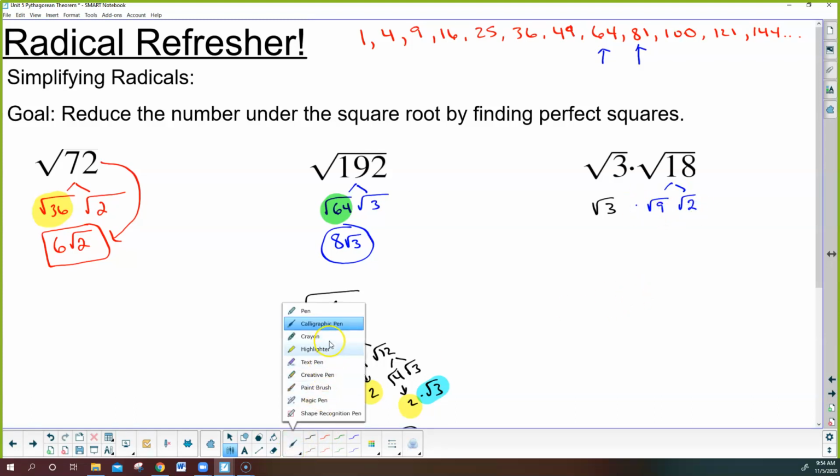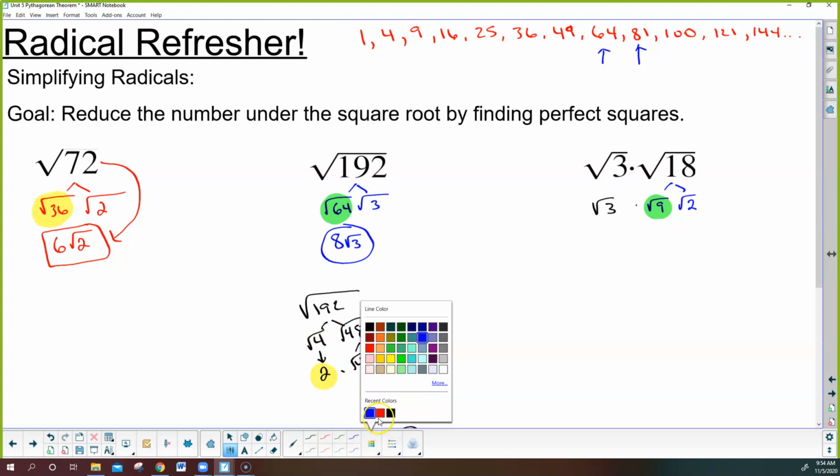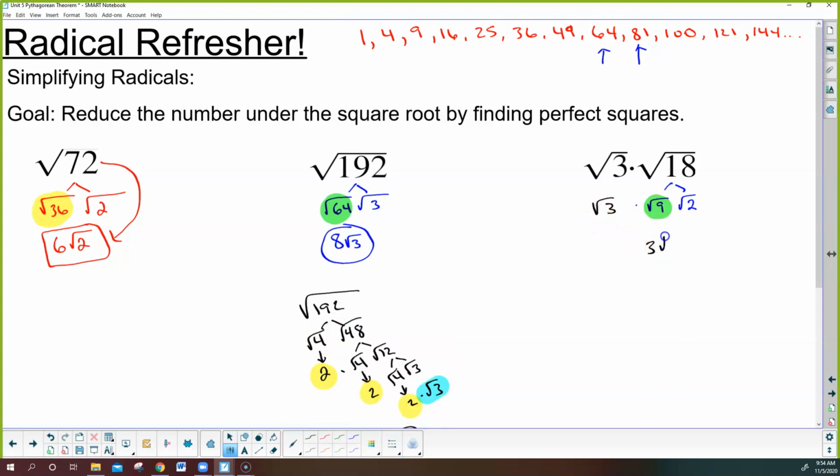And then when we do this, we end up with the square root of 9, and we know what the square root of 9 is. The square root of 9 ends up being 3. And then we would write the square roots together. So the square root of 3 comes down, square root of 2, but wait a minute, if it's underneath the square root, 3 times 2 gives me 6. So this is one way to do it.